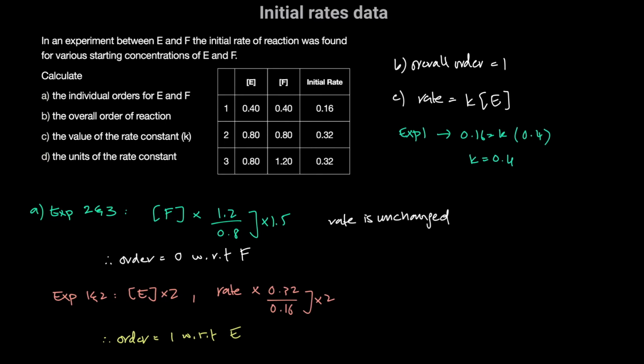The units for k are simply rate divided by concentration: moles per dm cube per second divided by moles per dm cube. The moles per dm cube cancel each other out, so the units over here are per second.